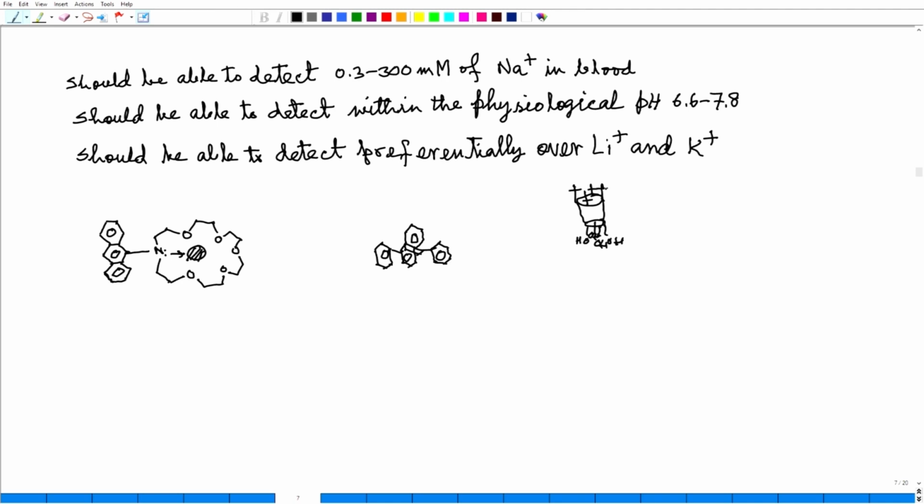Okay, this is calix 4 arene. So, this one is inverted, and the oxygens inverted, and the tertiary butyl groups are removed. They can be removed. I told you that they can be removed with the help of aluminum trichloride and all that. All right. This oxygen, oxygen, oxygen, oxygen.